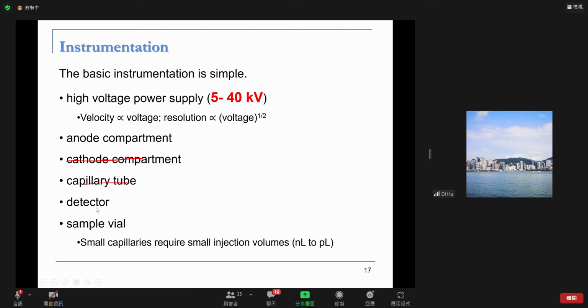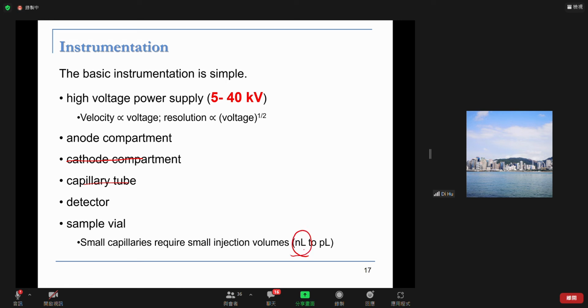The detector can be multiple. It can be UV-visible, direct or indirect, fluorescence, direct or indirect, a mass spectrometer, and also other things. Normally we use no pump, and the sample vial is pretty small because what we inject is very small.